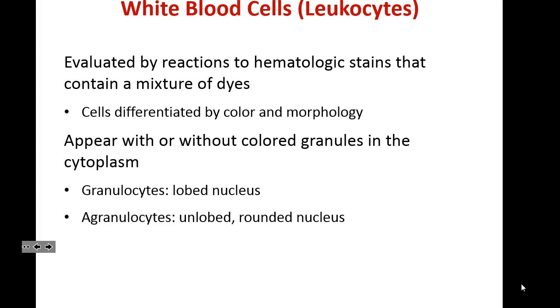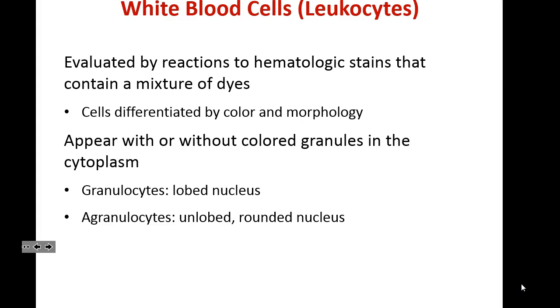More in depth. White blood cells, leukocytes. They are evaluated by reactions to hematologic stains that contain a mixture of dyes. They are differentiated by color and morphology. What is morphology? They appear with or without colored granules in the cytoplasm.